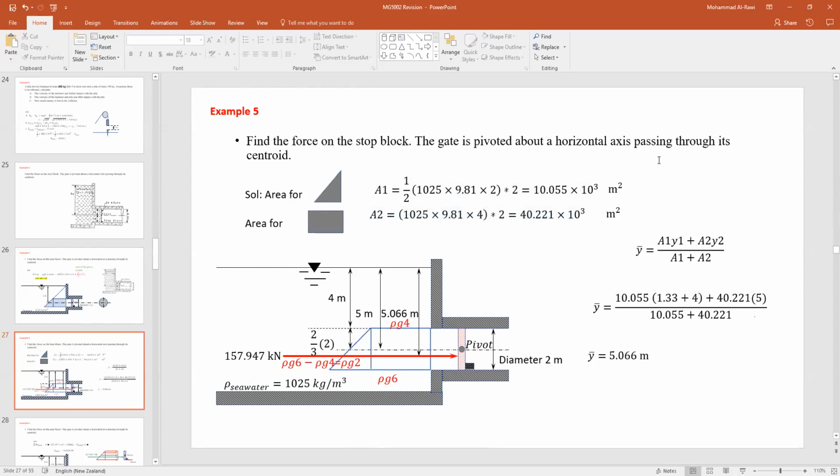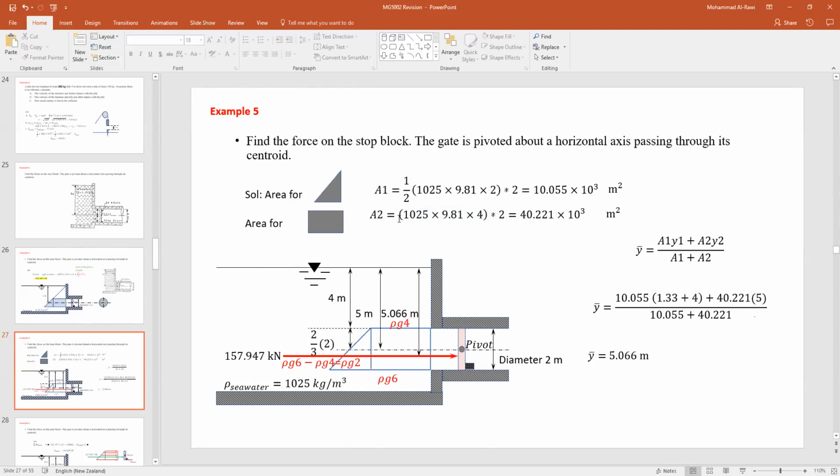Just let me check if I have got the right answer for this one, because sometimes I solve things but I don't use them. Times 9.81 times 2. So area 1, half of the base, rho g h2, times the height, which is 2 meters.